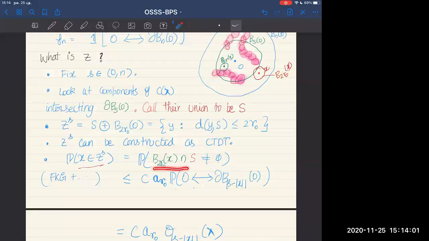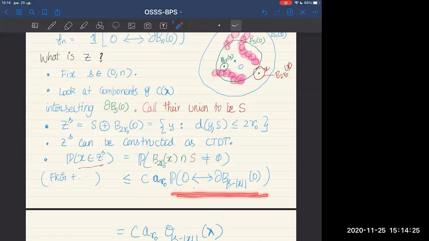Again, I'm skipping some inequalities. But the key point is I can bound this by the probability there is a path from origin to S minus X, taking out some constants dependent on r0.